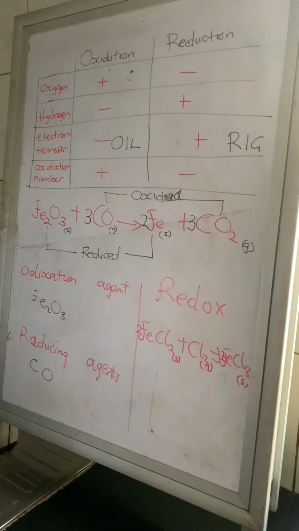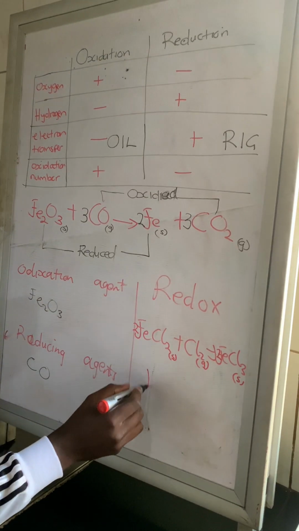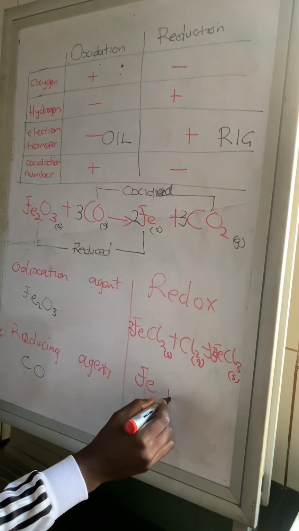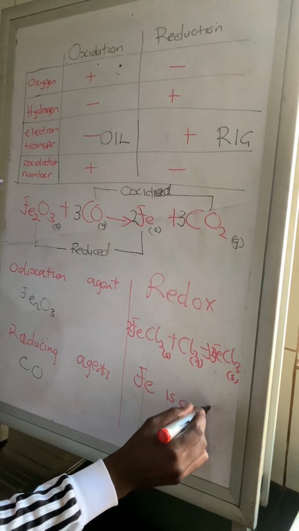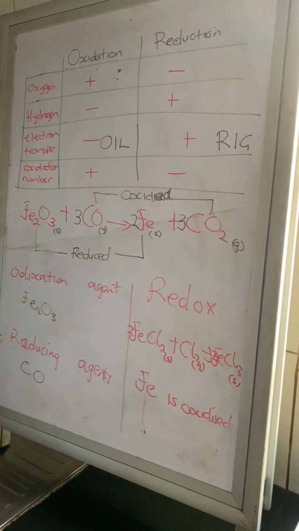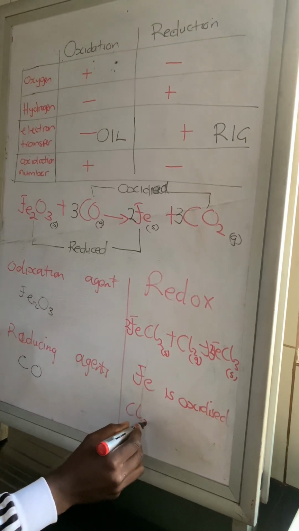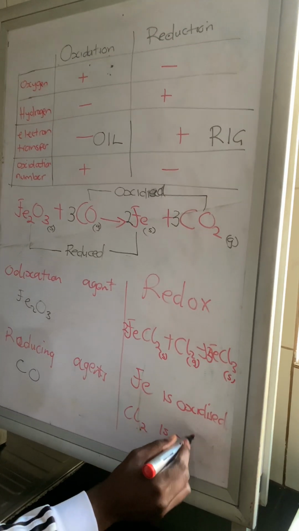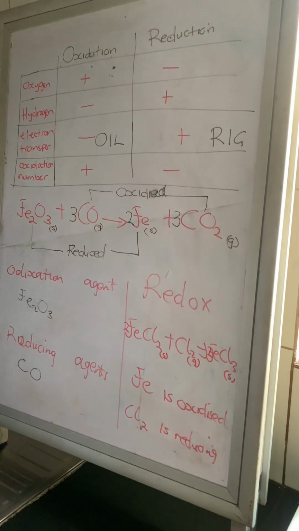So from this equation, we can tell that iron is oxidized because it has lost one electron to chlorine. Then chlorine is reduced because chlorine has gained electrons.